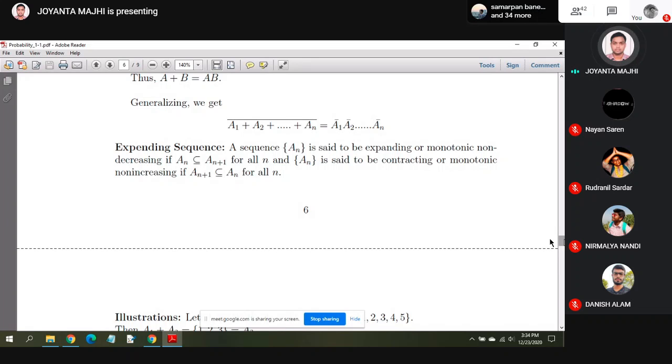And for a contracting or monotonically non-increasing sequence, A(n+1) is a subset of An, that is, An is a subset of A(n-1).